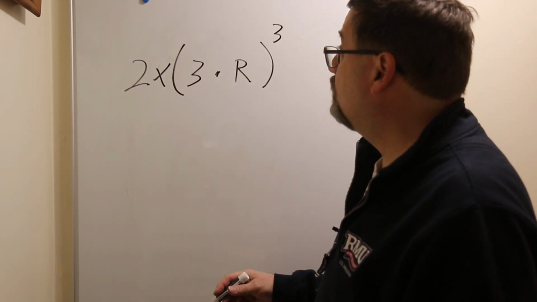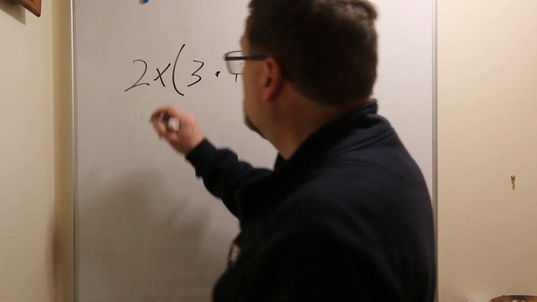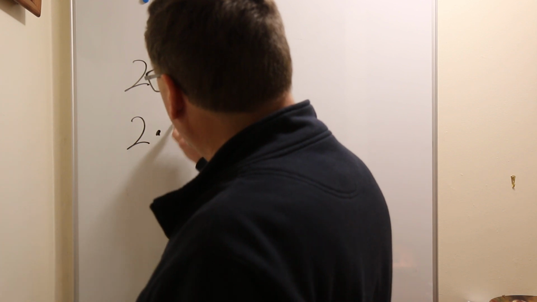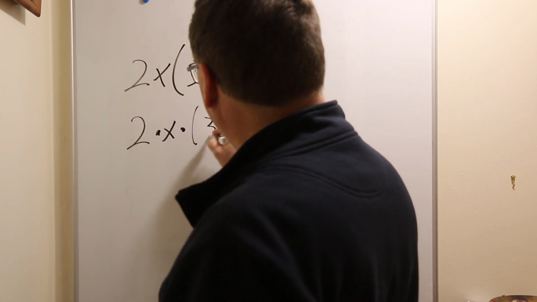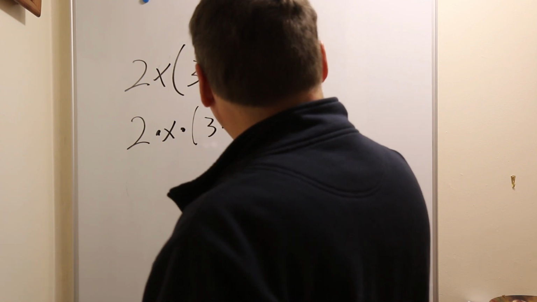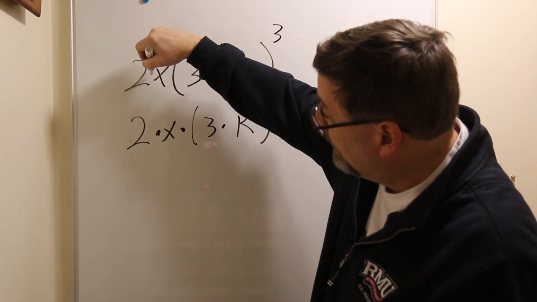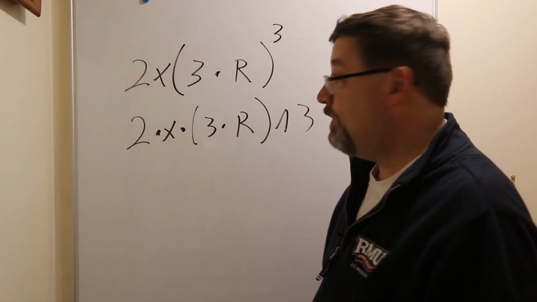So again, what we first want to do is add the explicit operators in. So that's going to be here and here. So we're going to do 2 times x times the 3 times r exponent 3. Don't forget there's a multiplication implied here and here. And then we go through and we put the parentheses in as if it was PEMDAS.